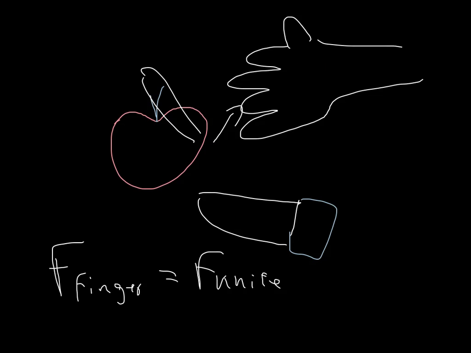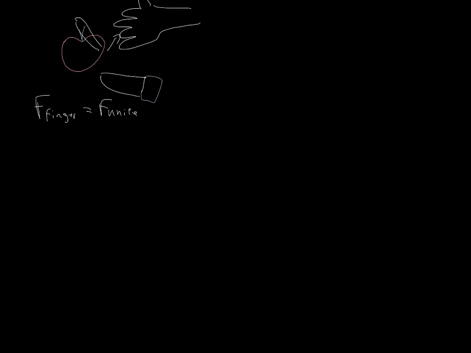So let's think about what pressure means in this context. Well, the only thing that changed here is surface area, right? My finger has very large surface area, and my knife has very little surface area, which means that the force is distributed over a much smaller space. So there's more force per unit area, and that allows me to get through the tomato.